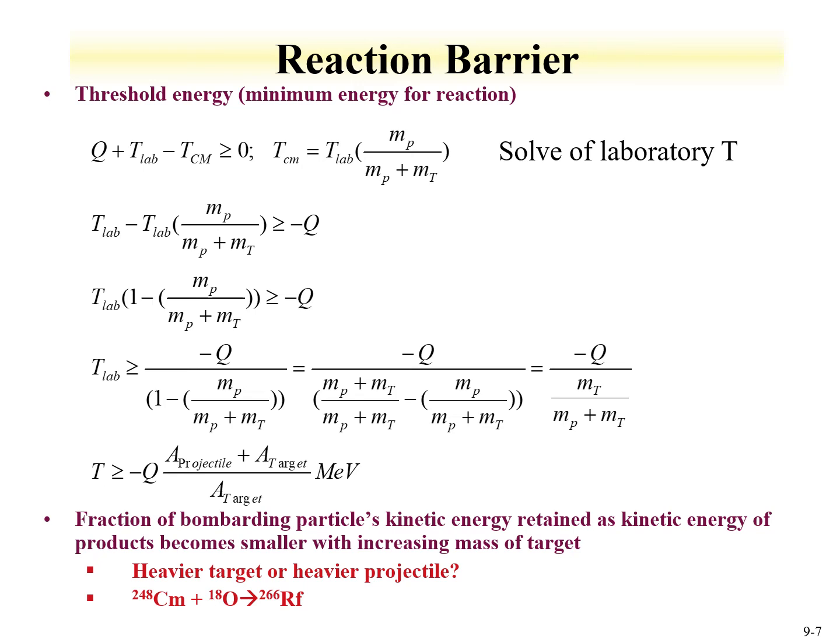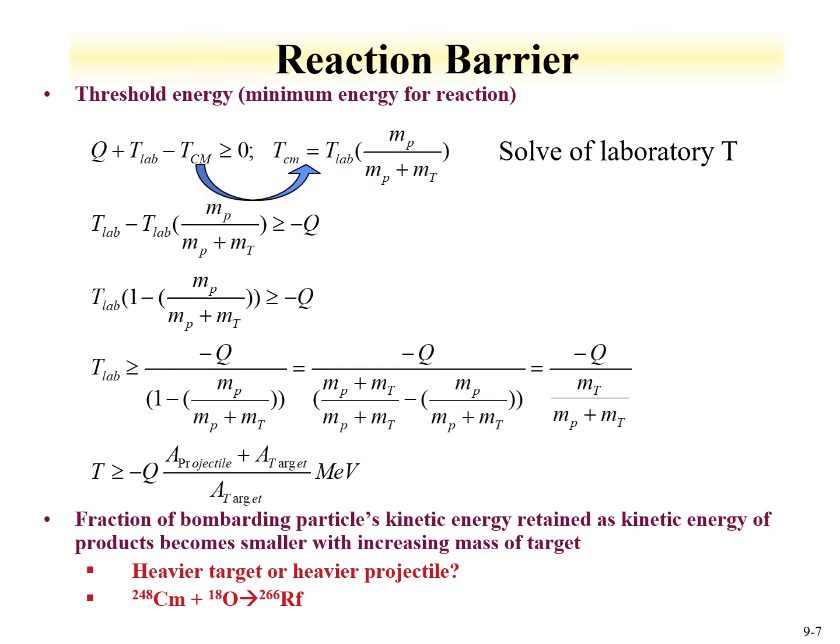The equations we just evaluated can be used to determine a threshold energy for a reaction, so the minimum energy that's necessary for the reaction to occur. We have this relationship where the Q value plus the kinetic energy of the lab minus the kinetic energy of the center of mass has to be greater than or equal to 0. We can solve for terms related to the relationship between the center of mass kinetic energy and the laboratory kinetic energy.